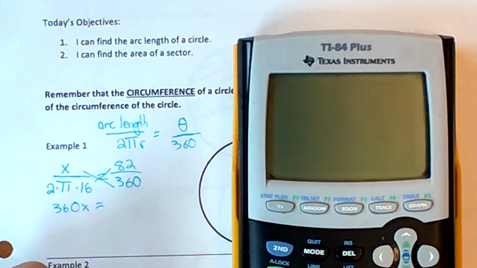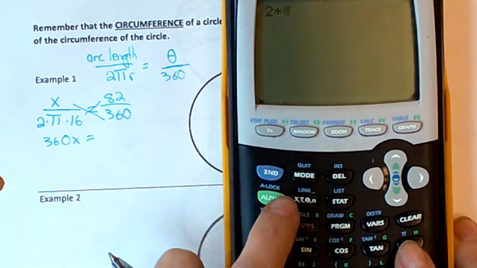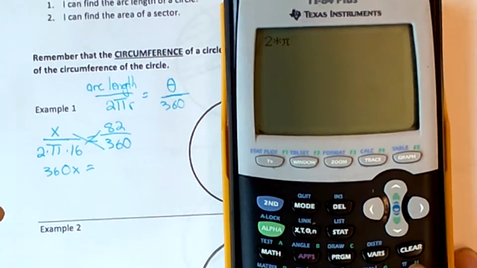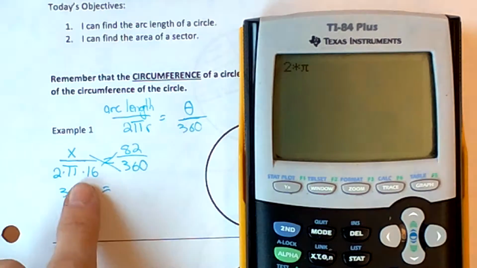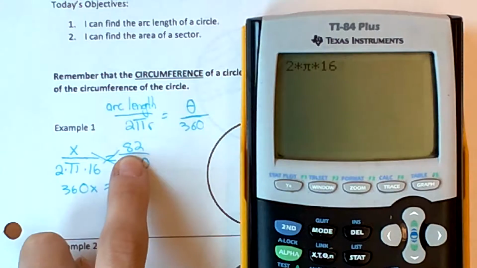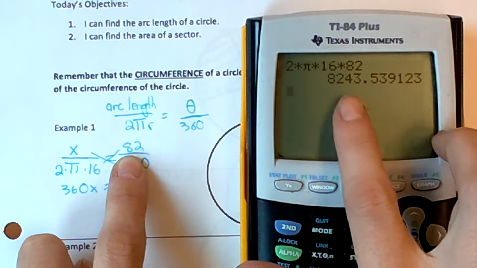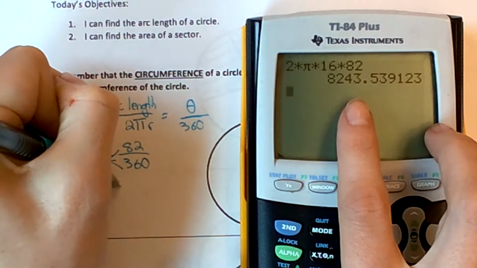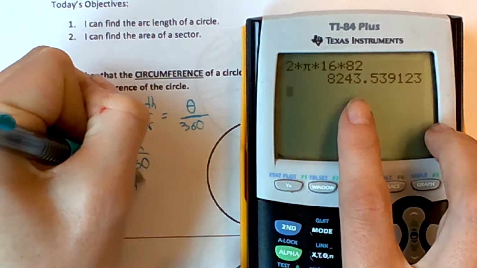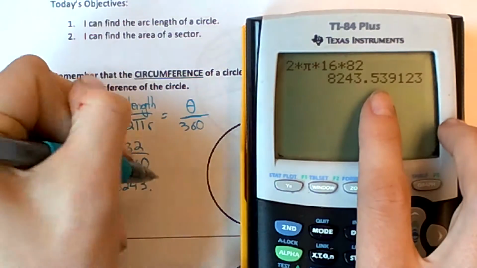So 2 times pi, which is right up here, so I'm going to hit second on this button, times 16. And then I'm going to cross multiply it, so times 82. And so I get this huge long number right here, 8,243.539, rounded to 3 decimal places.